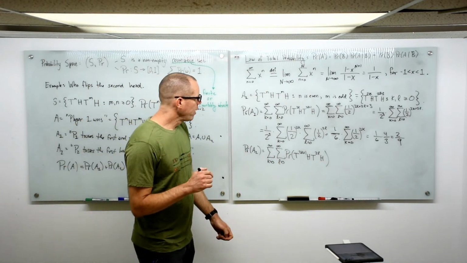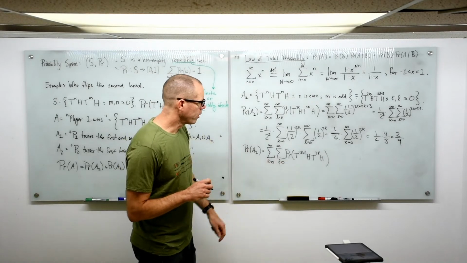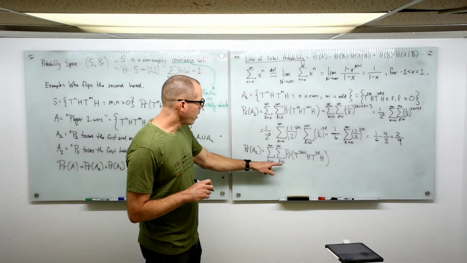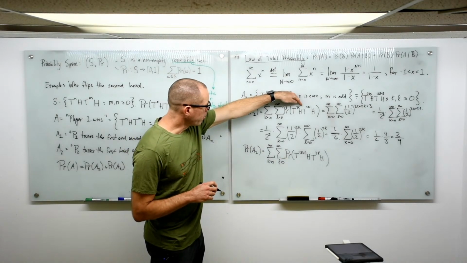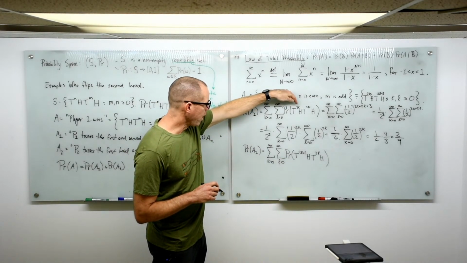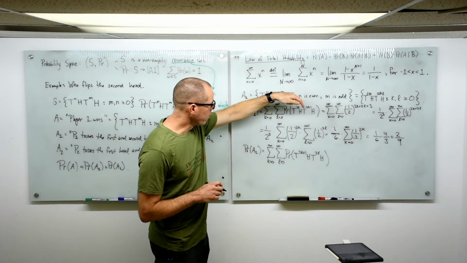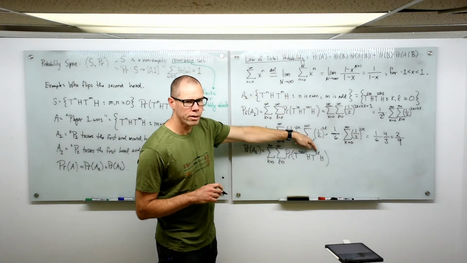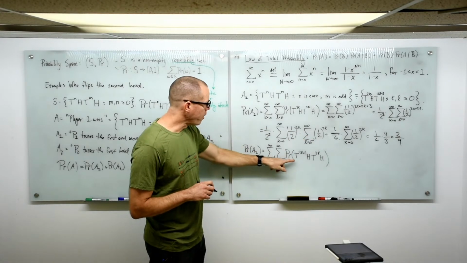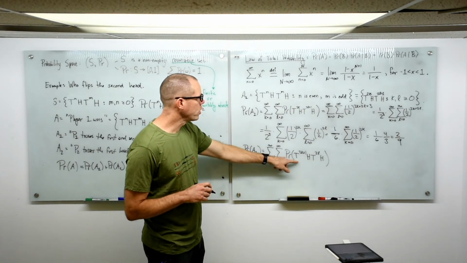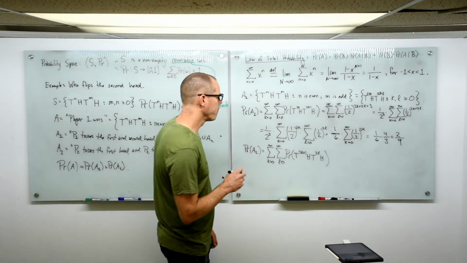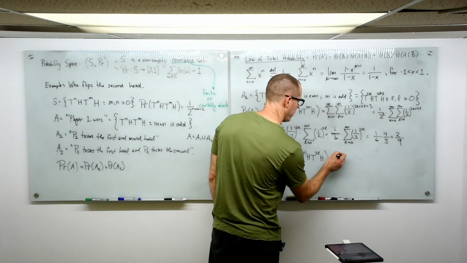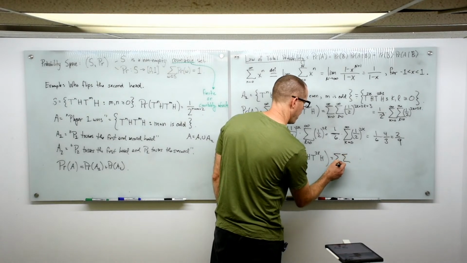And actually, look what happens here. The probability of this thing is exactly the same as the probability of this thing, right? Here we have a 2k and a 2l plus 1. Here we have a 2k plus 1 and a 2l. But all that matters is the length of this thing, which is 2k plus 2l plus 3. So that's just going to be equal to this double sum.